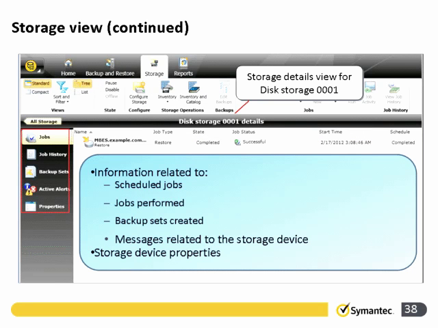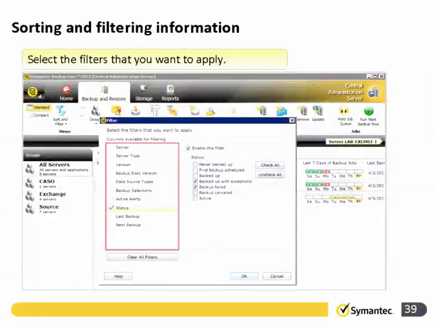If I double click on any storage device, I can go into the details for that device, and it will show me what jobs are being written to that device, the backup sets that are on that device, and any media that's associated with that device. It will also show me device properties, and we'll take a look at that in the lesson for configuring storage devices.